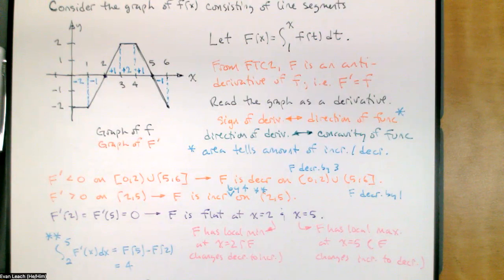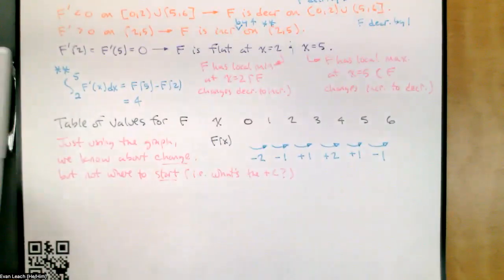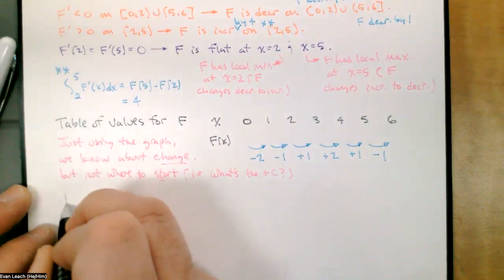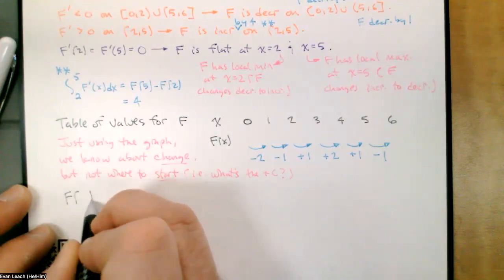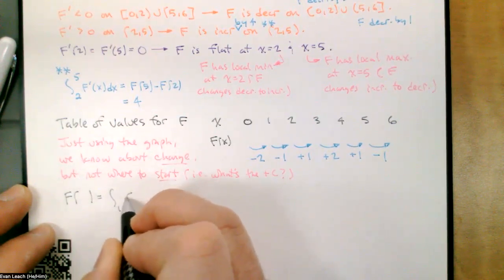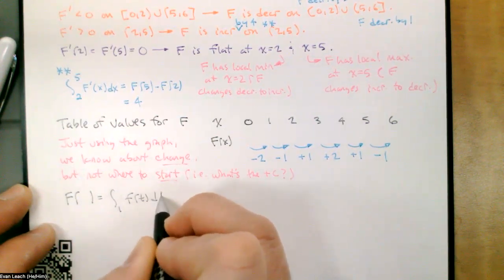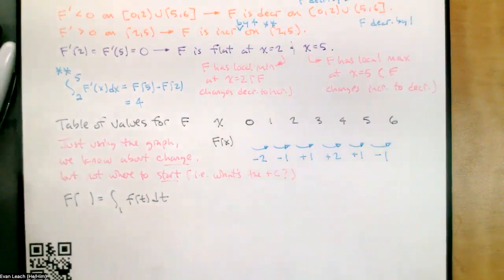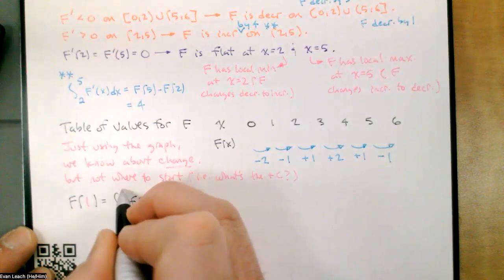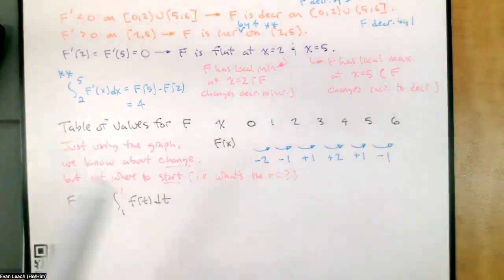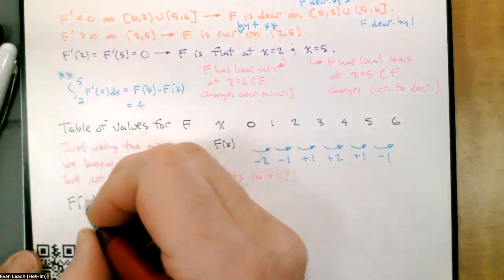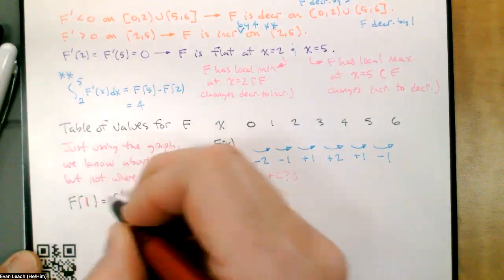If we plug in 1, if we appeal to the original definition of our function, capital F of 1, that's the integral from 1 to 1 of f of t dt. And no matter what else is going on in the function, that tells us where to start.